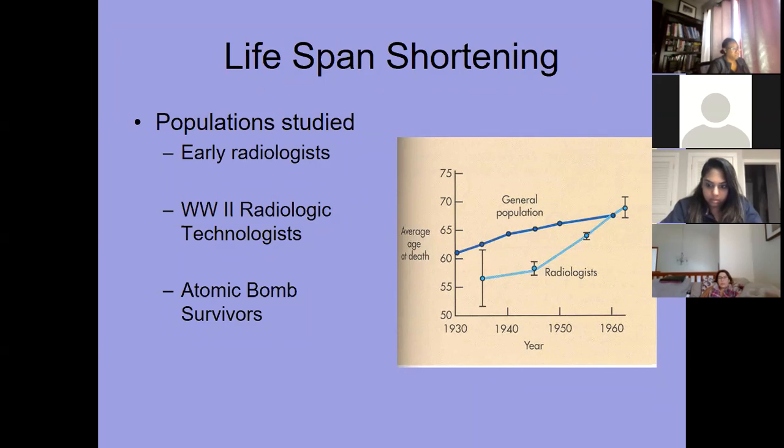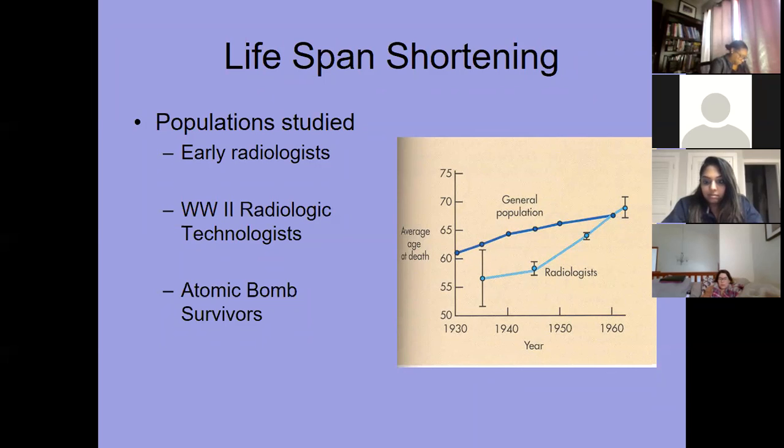They also looked at the World War II radiologic technologists, and these early technologists, again, did not have the protection means that we have today. There was also some decreased lifespan in those technologists. There is an ongoing study, the United States Radiologic Technology Study, which has studied technologists over the last, well, at least 30 years.